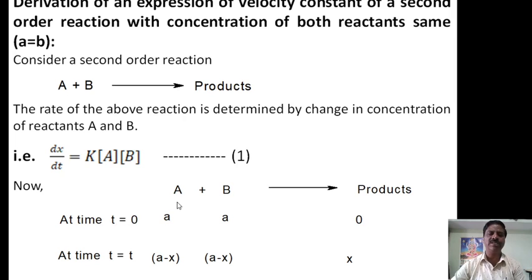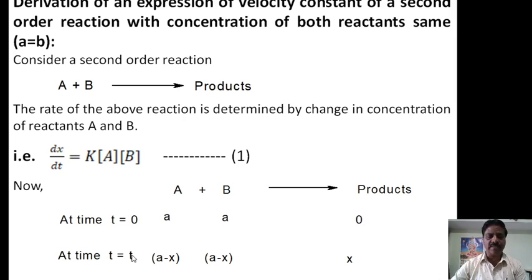Therefore, the initial concentration of reactant A is a and the initial concentration of reactant B is b, but in this case a is equal to b is given. So small a be the initial concentration of reactant A and small a be the initial concentration of reactant B. At 0 there is no product, so 100% reactants, A and B, will be present.